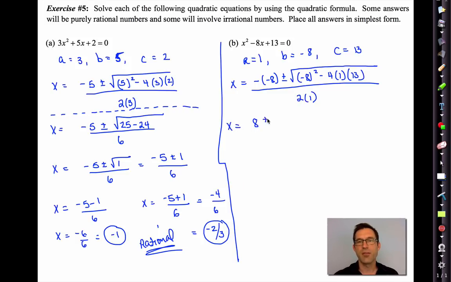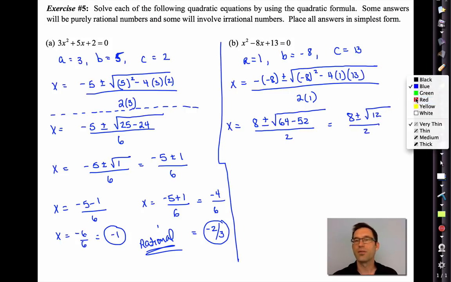That's going to give us 8 plus or minus the square root of 64 minus 52, all divided by 2. 8 plus or minus the square root of 12 divided by 2.